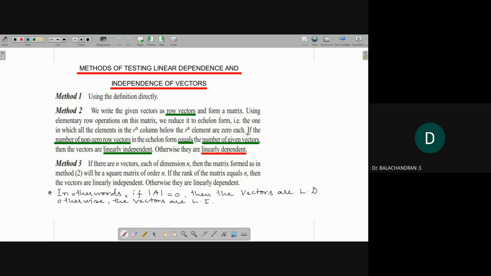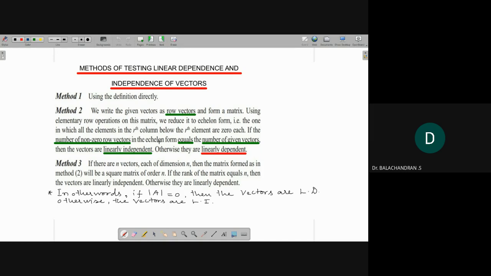When we are finding the rank, we are converting into echelon form. If the number of non-zero row vectors in the echelon form equals the number of given vectors, then the vectors are linearly independent, otherwise linearly dependent.